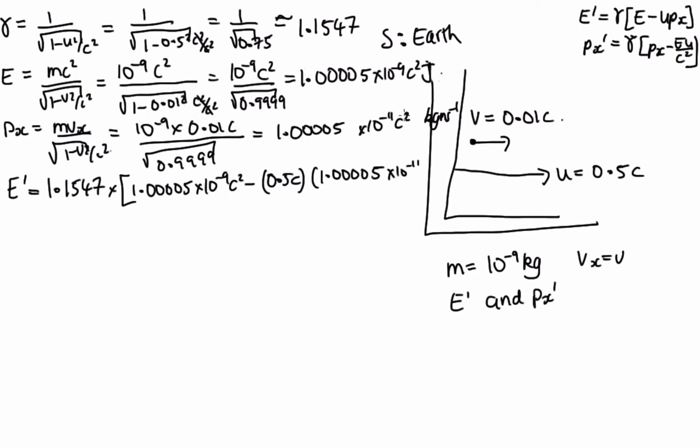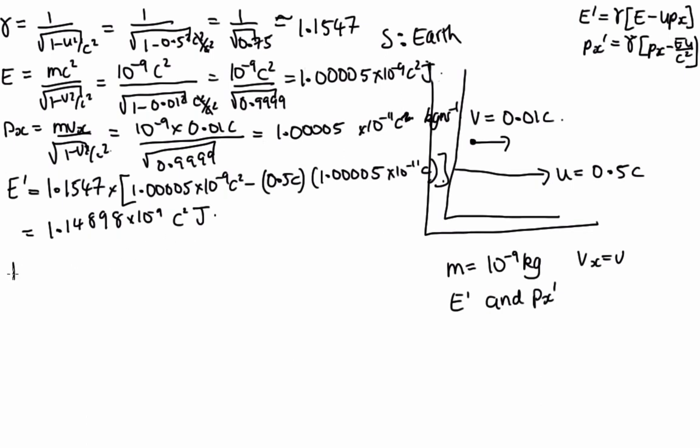That shouldn't be a c squared, it should just be a c. Solving this one on the calculator, we end up with E prime equal to 1.14898 times 10 to the minus 9 c squared joules.